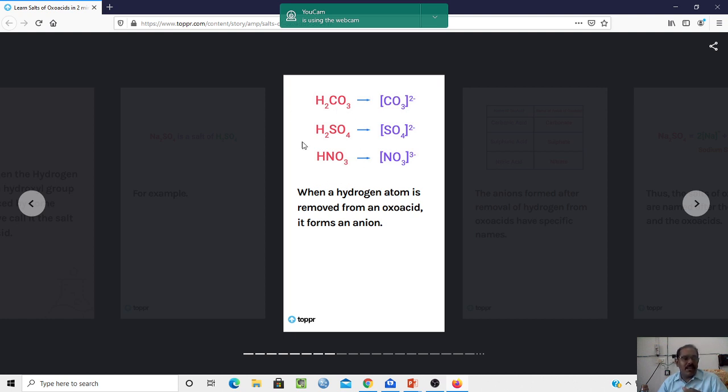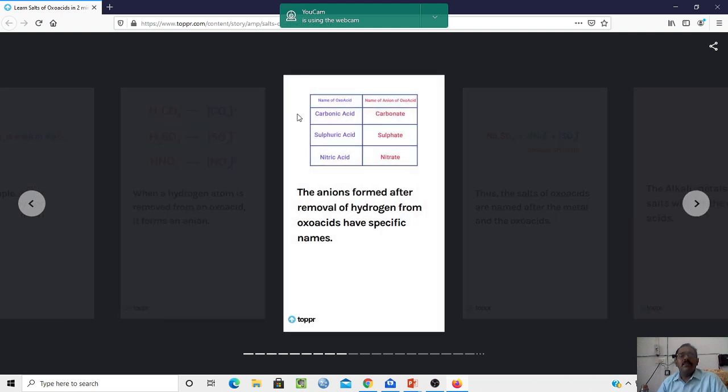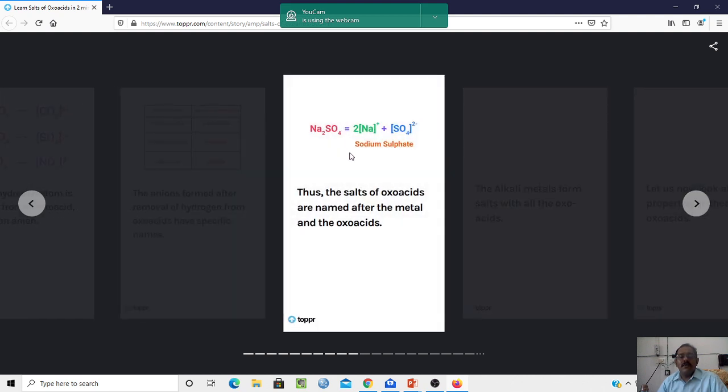In sulfuric acid, if the hydrogen is replaced by potassium, it is potassium sulfate. In carbonic acid, if hydrogen is replaced by potassium, it is potassium carbonate. So likewise, you can see the roots of the names: carbonic acid, carbonate; sulfuric acid, sulfate; nitric acid, nitrate. So the salts are named after the metal and the oxoacid. That's how it is being named.